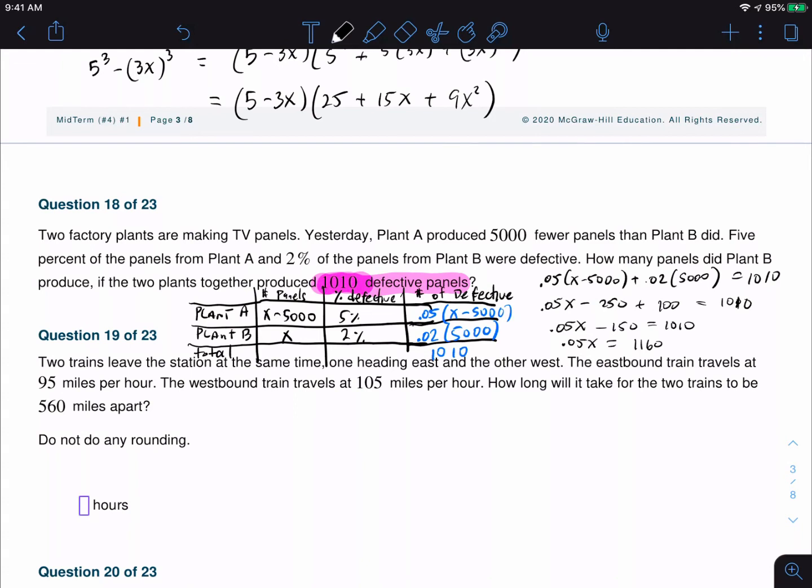And then x is equal to 1,160 divided by 0.05. And that is plant B made 23,200 TV panels.